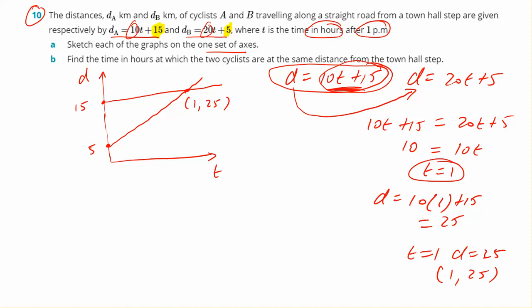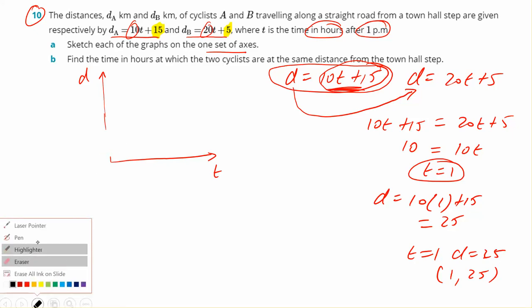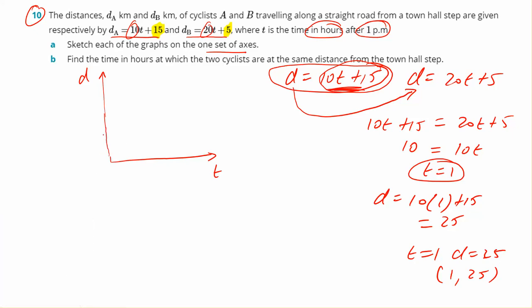Okay. Now, you notice I don't need to draw a huge scale. It's just that I've got to make sure my graph is relatively accurate. Can you see that my 15 and 25 aren't really aligned? So I've got to make sure my scale is good. Okay, so let's try this again. So let's do this again, just to make sure it's proportional.